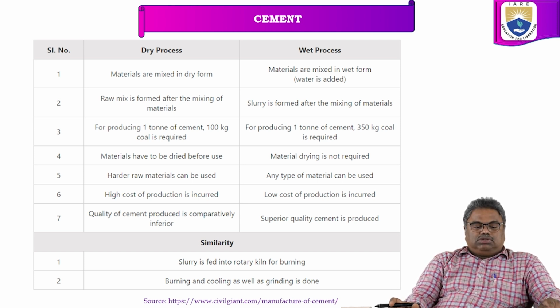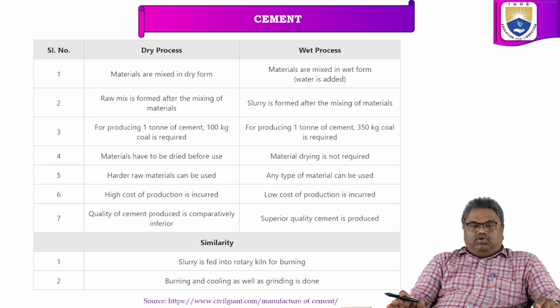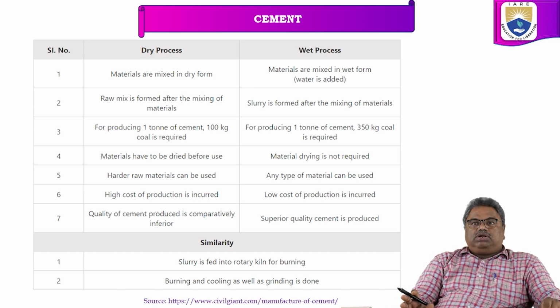And the third one: for producing 1 ton of cement, 100 kg of coal is required in case of the dry process. In the wet process, for producing 1 ton of cement, we require 350 kg of coal.